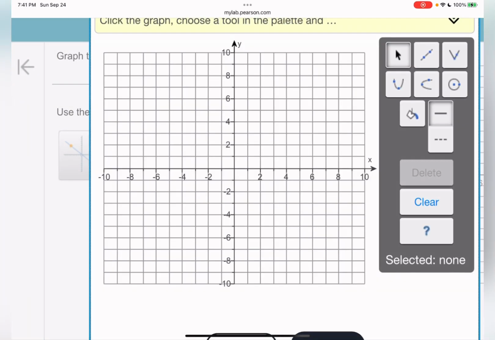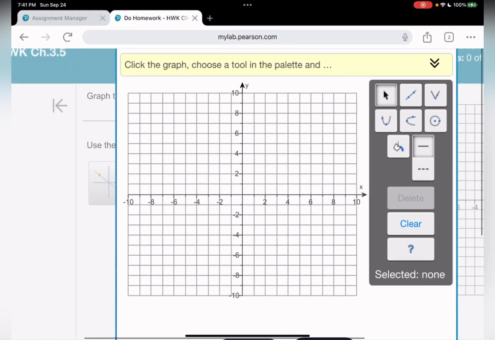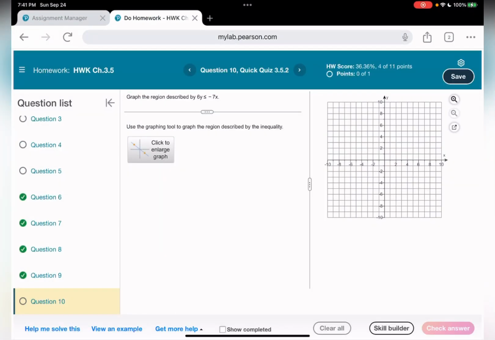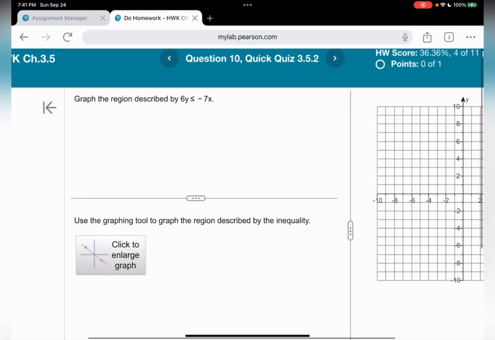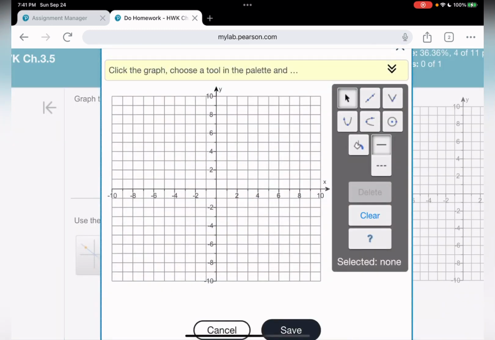So when x is 0, y is also 0. Every time you don't have any intercept, meaning no constant term, it's going to go through 0. So we mark here 0.